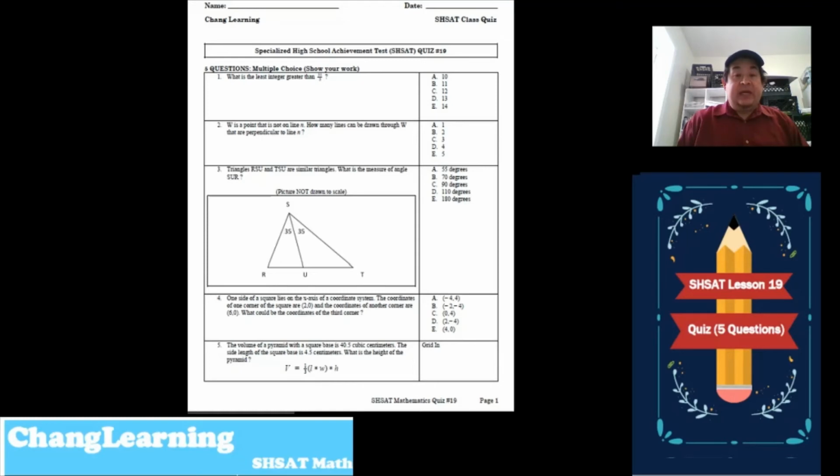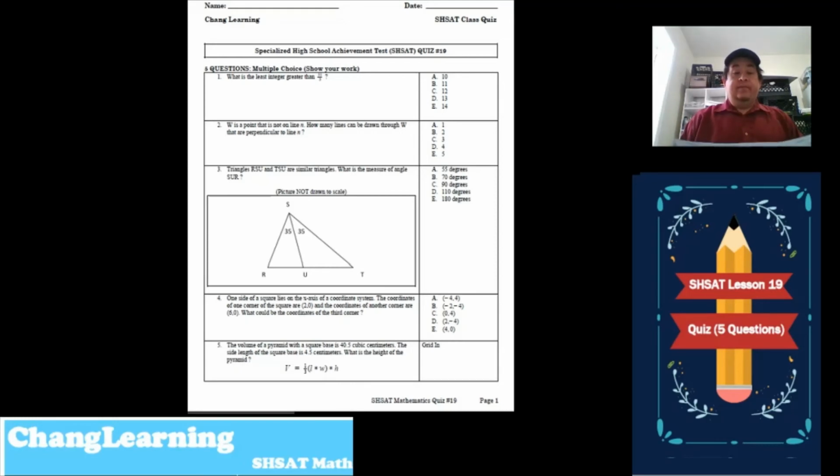SU is the angle bisector. Is the correct answer for the measure of angle SUR A, 55 degrees, B, 70 degrees, C, 90 degrees, D, 110 degrees, or E, 180 degrees?